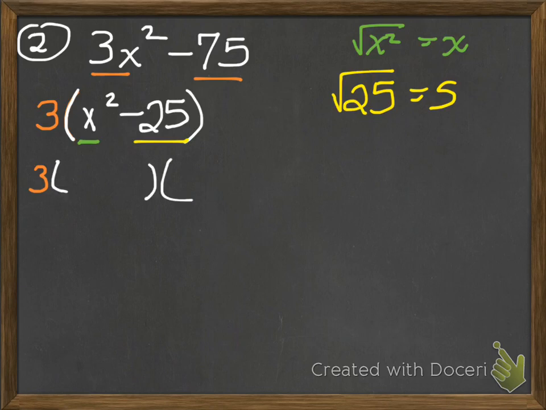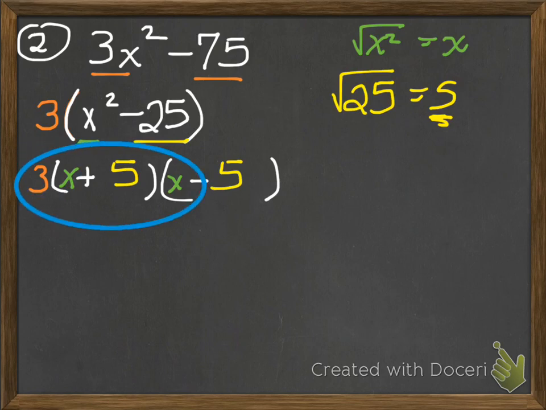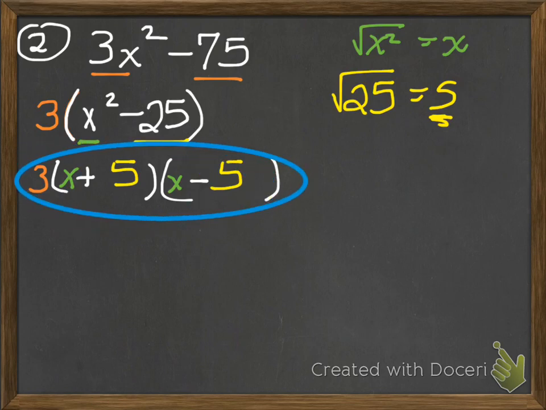And then my two parentheses. Both of them are going to end up with an x. One's going to have a plus sign that follows, and one's going to have a minus sign that follows. And then they're both going to have a 5. And that's my answer. If I was to multiply that back out, I would come up with the original problem.